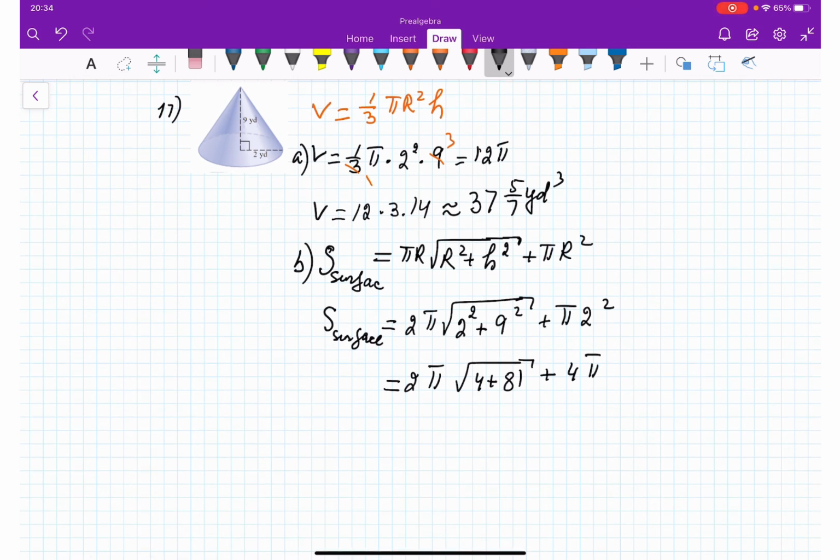Okay, 85. So it's going to be 2 square root of 85 pi. Let me write down, click clean.